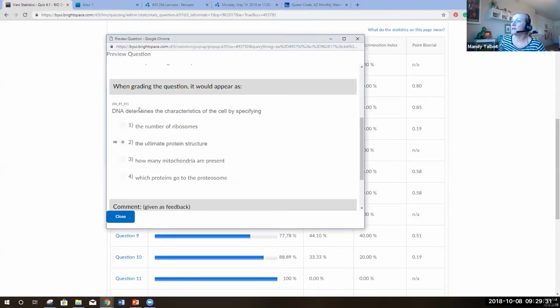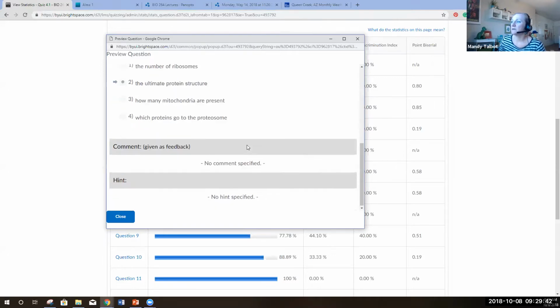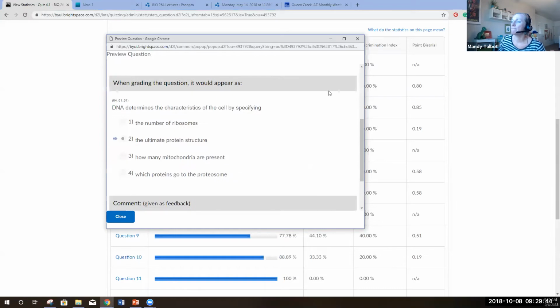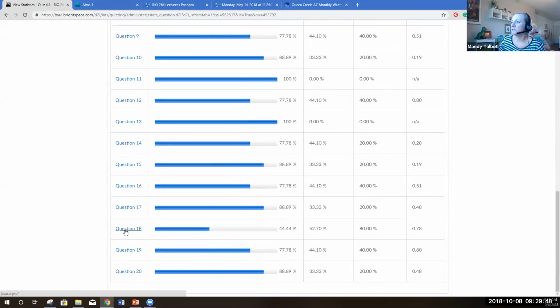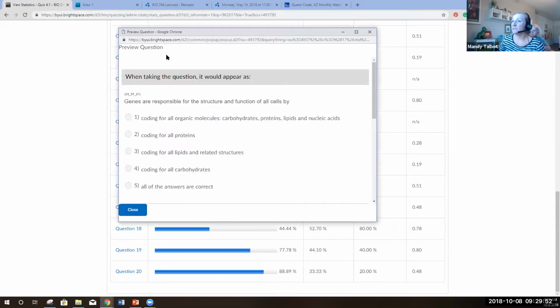When DNA determines the characteristic of the cell by specifying, and this is basically what we just went over, the ultimate protein structure. And then the other question, question 18, again deals with that whole process of protein synthesis.